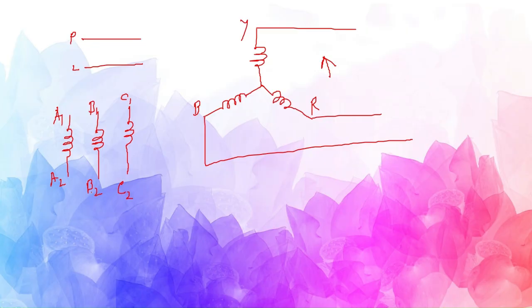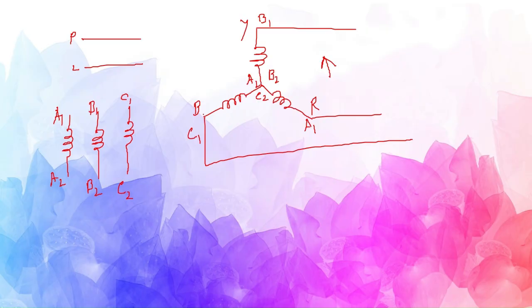One connection can be like this. We have connected A2, B2, C2 shorted, and we have A1, B1, and C1, again anti-clockwise.